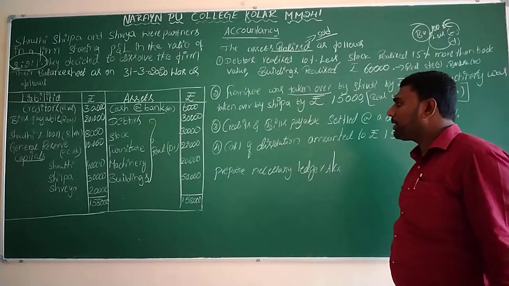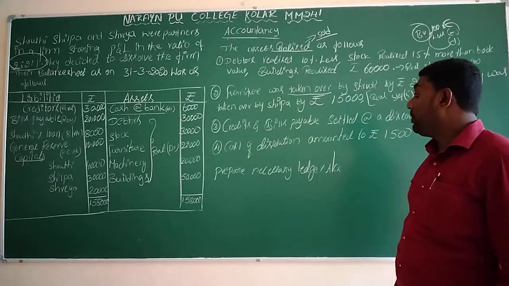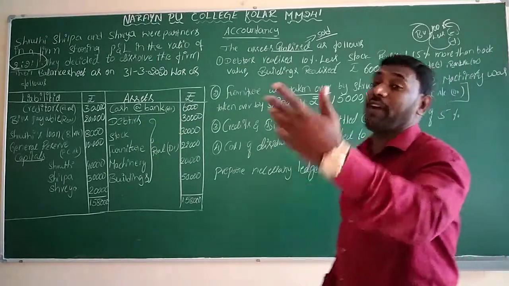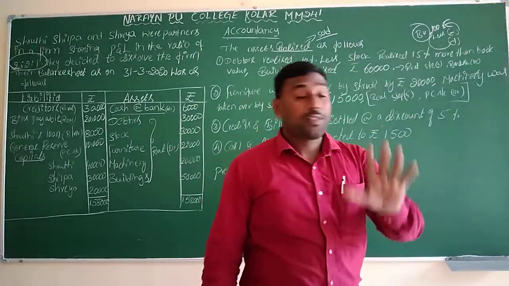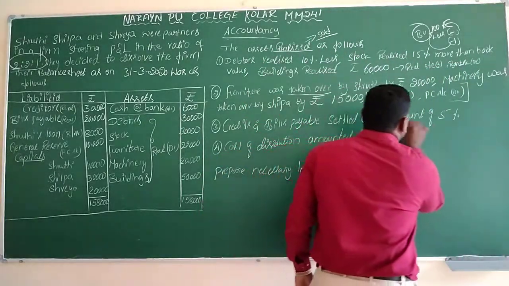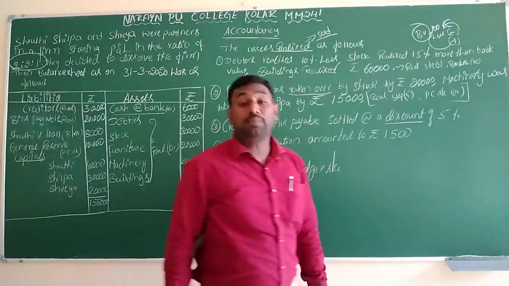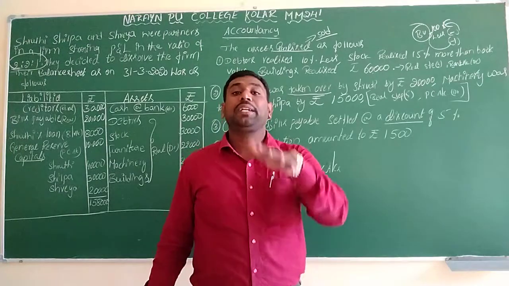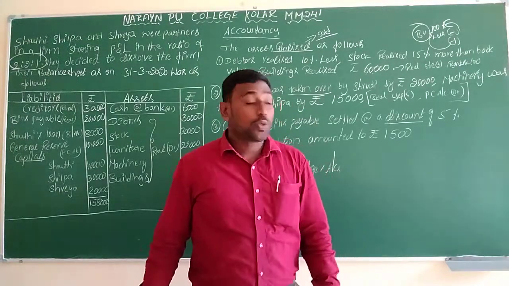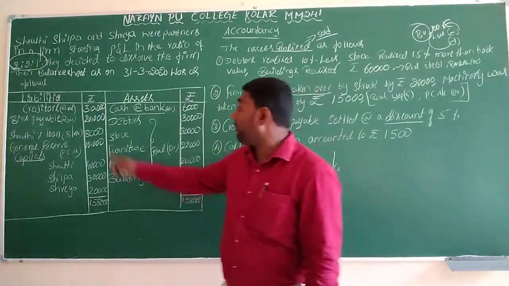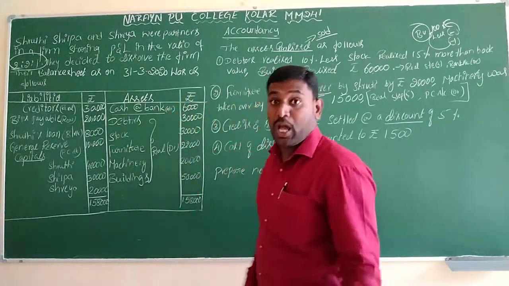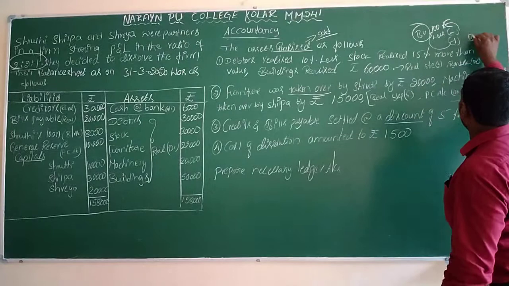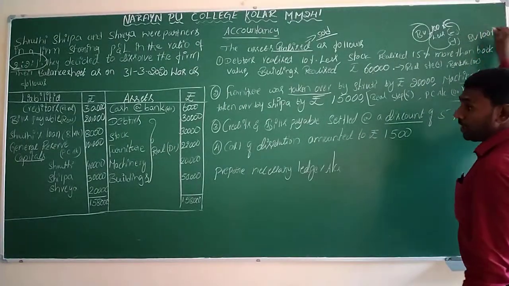Next, adjustment number 3: creditors and bills payable settled at a discount of 5%. Here the concept given is discount. The term discount means reduction, some kind of relaxation. So for the creditors and bills payable, the value given in the balance sheet is the book value, we should consider it as 100%.